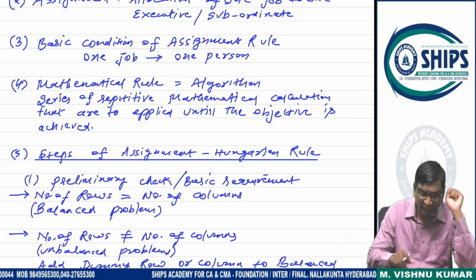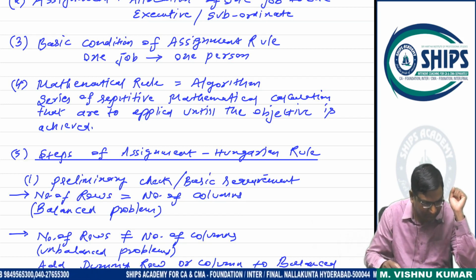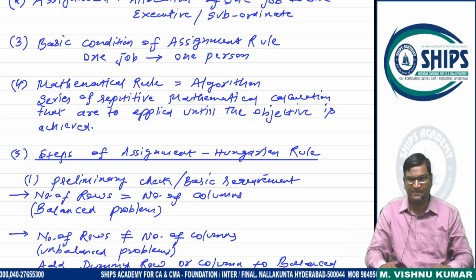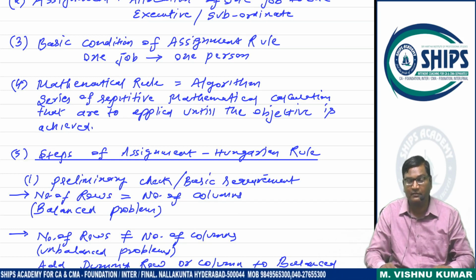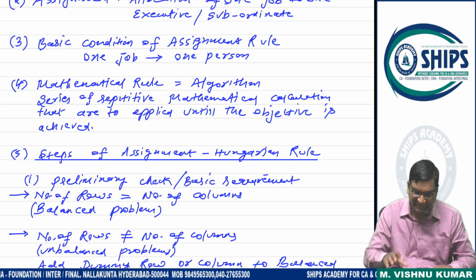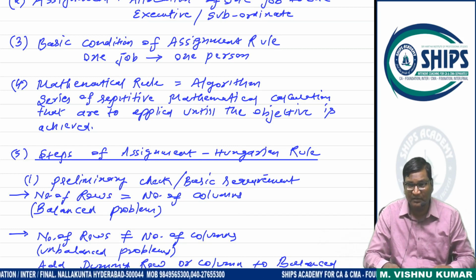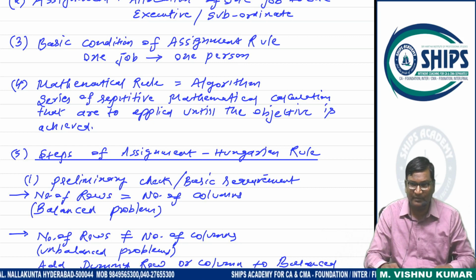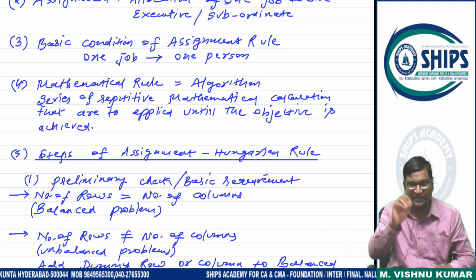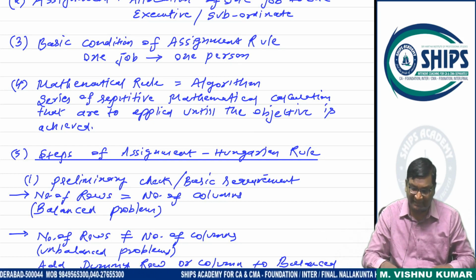ओके? Algorithm means what? No idea? Algorithm means it is a set of rules which will be followed till the final solution comes.